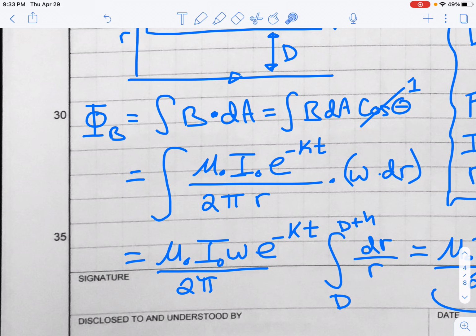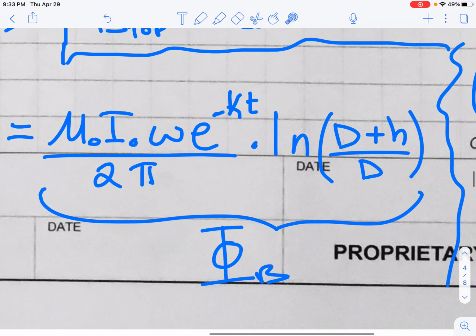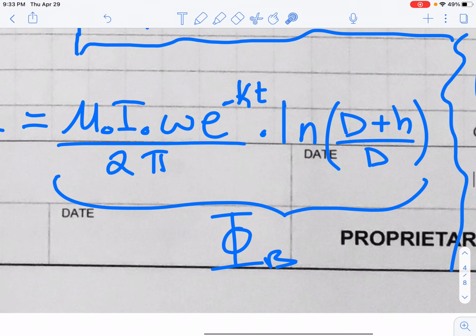Now I'm not showing the steps where we plug this in and subtract, but you know when you subtract logarithms, they become a fraction, right? So we end up with this. There's the ln, there's the fraction, upper limit minus lower limit, so it turned into that fraction, and that is all the magnetic flux.